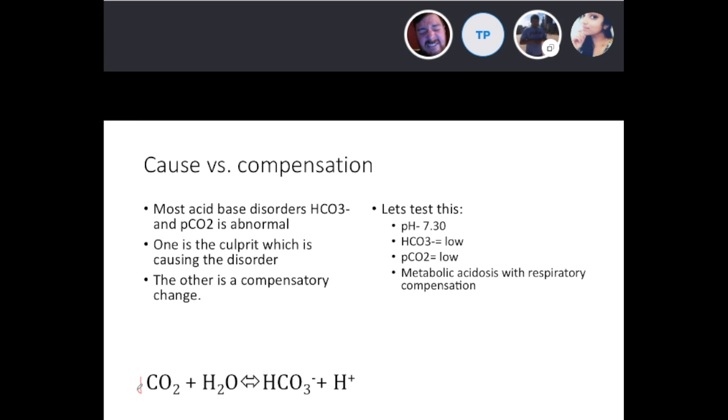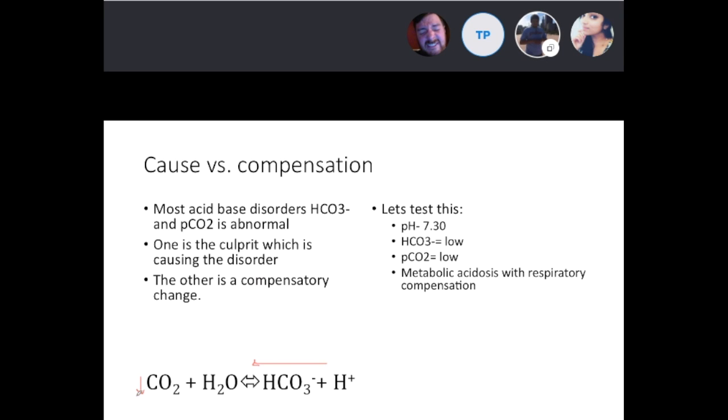If my PCO2 is low, I'm not adding anything to my acid. I should be more alkalotic, because I'm shifting everything this way, so pH would go up. Does that make sense? Why is this not respiratory acidosis?